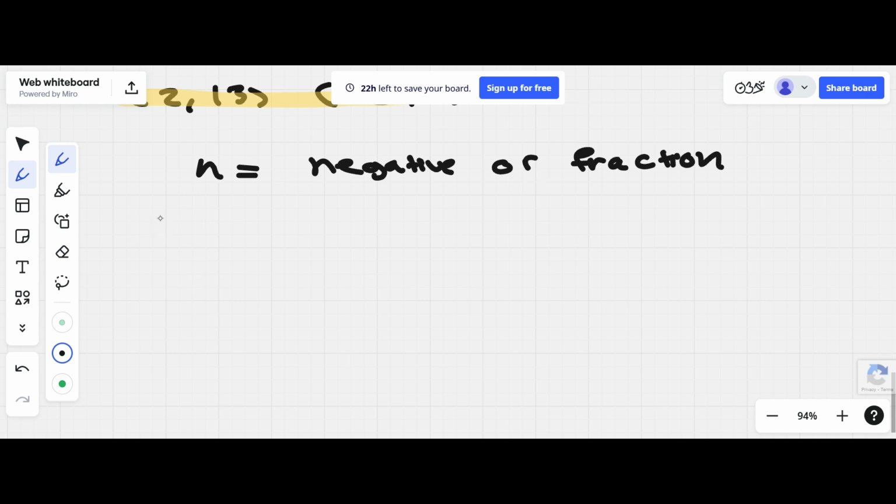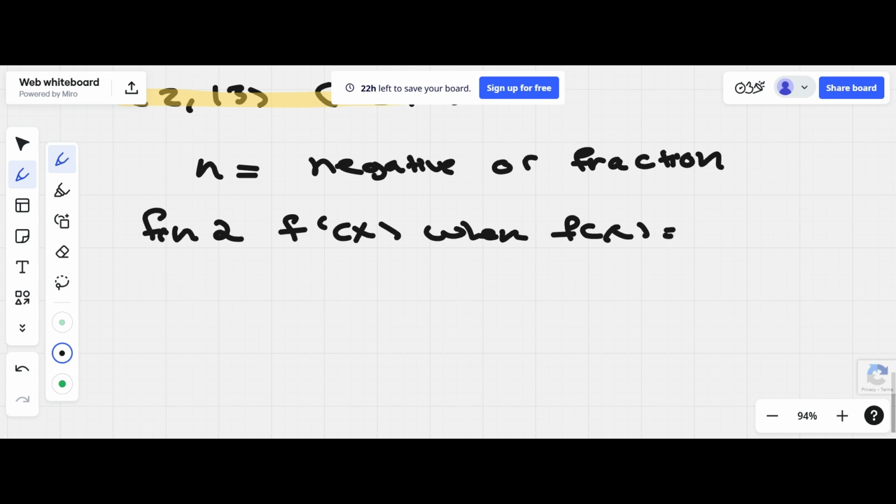So let's say I told you, find f prime of x when f(x) equals, for example, 4 over x. Now, we do know that 4 over x, using the laws of exponents, since x is raised to the 1, we can just turn this into 4x to the power of minus 1.